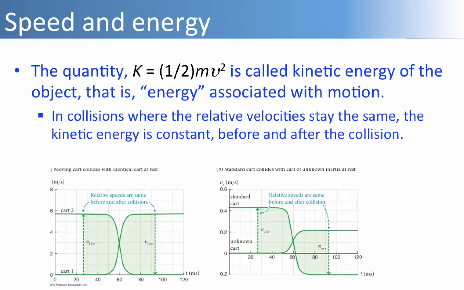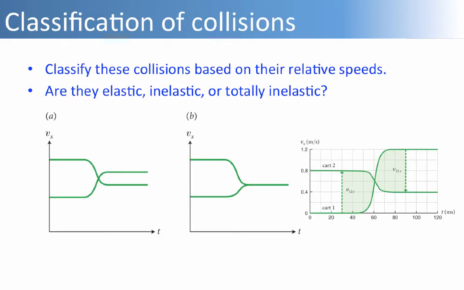The main point here is that in collisions where the relative speeds are the same before and after the collision, the kinetic energy will also be constant before and after the collision.